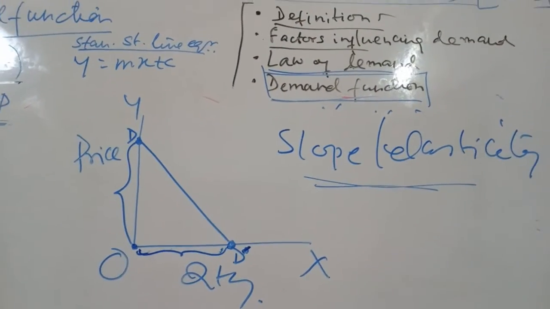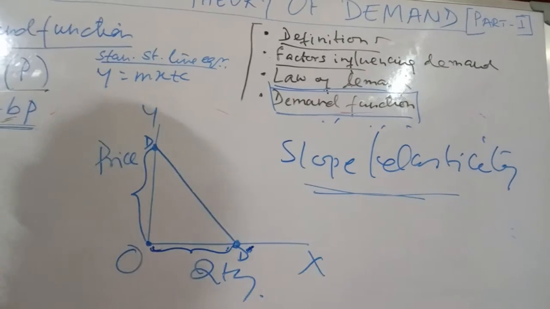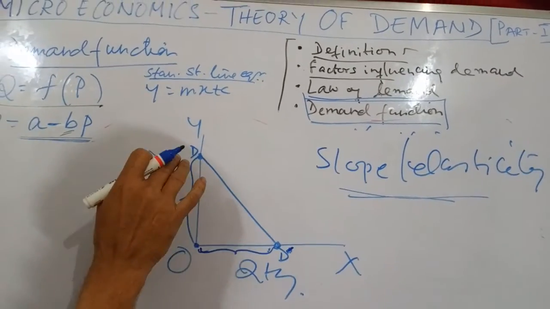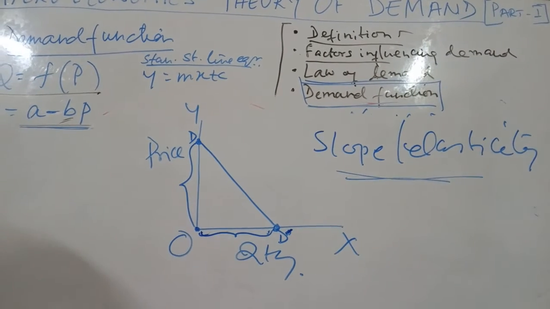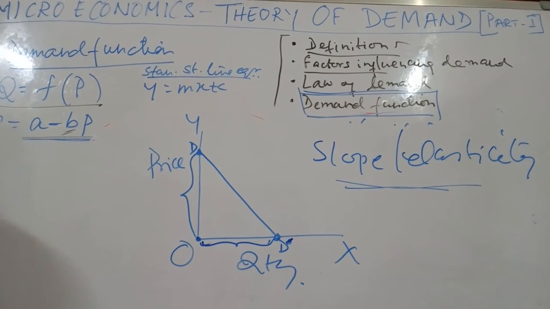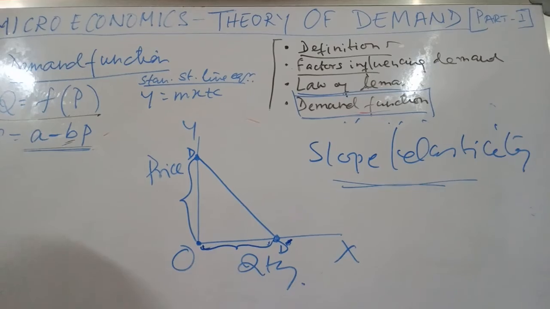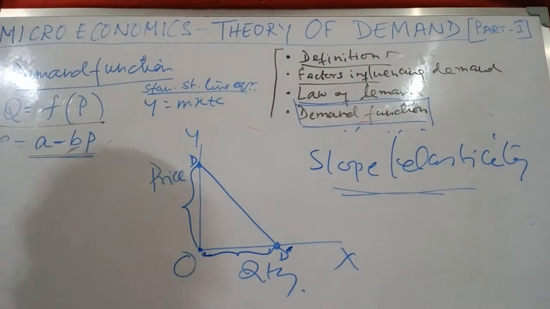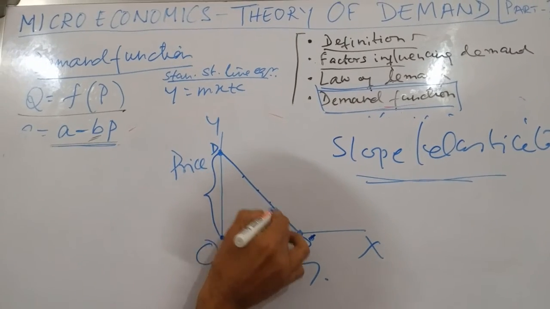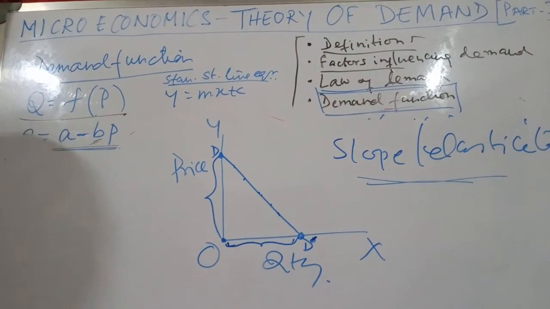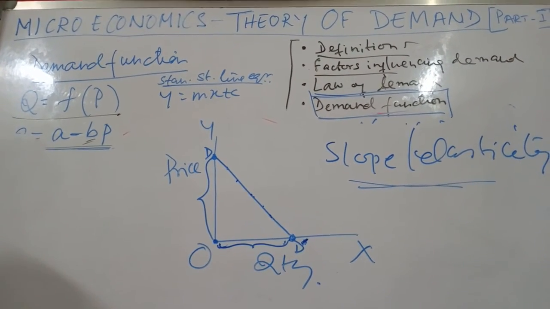There is no harm if the demand curve intersects both the axes, because that will enable us to graphically explain other things. There is point elasticity, there is arc elasticity, etc., which we shall discuss in some other video, not in this video.